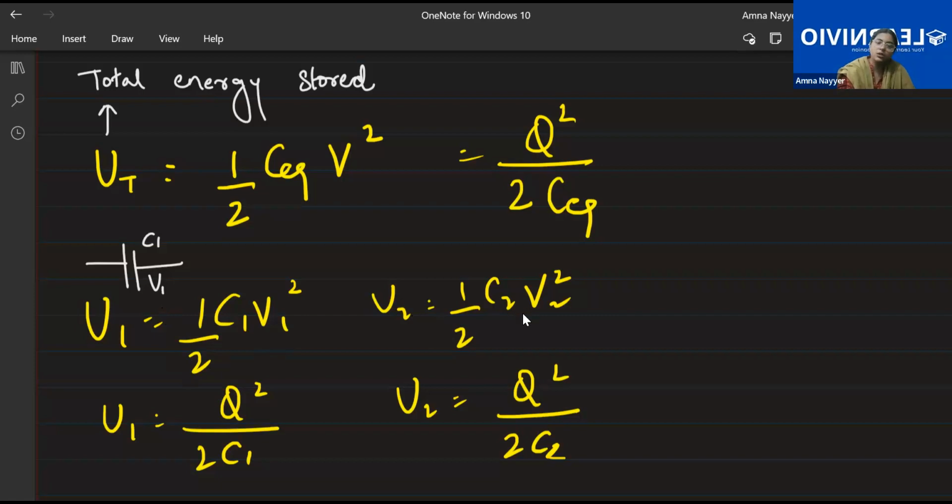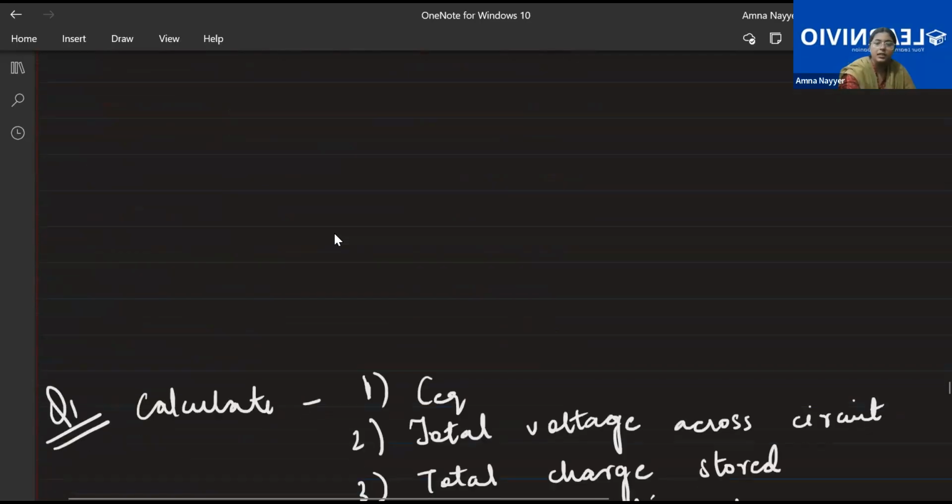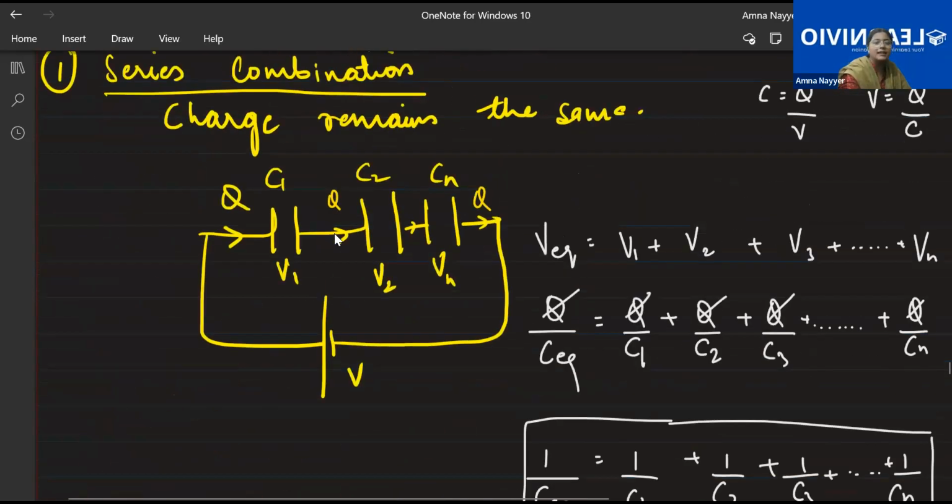U2 will be half C2 V2 square. Likewise, U1 can be Q square by 2C1, U2 will be Q square by 2C2. When it is individual, take all the data of the individual things, but take charge commonly for all. Write it, then let's practice one question.